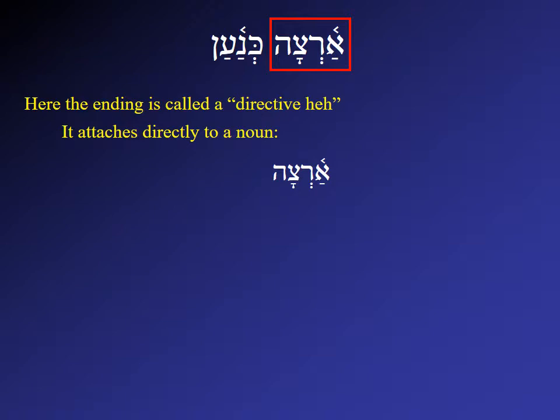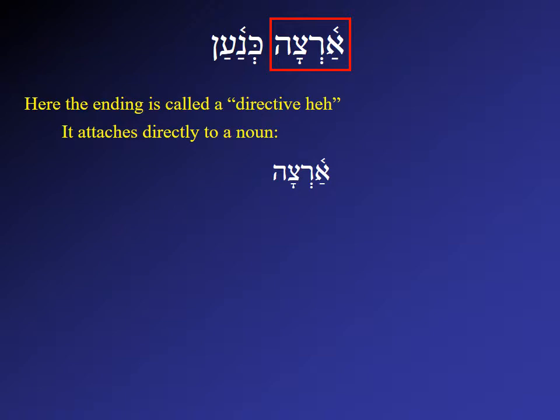And so one of the tasks of Hebrew is understanding what a particular hey on the end of a word means. What we have here is a hey that has attached without affecting the accent. So the noun is eretz with the accent in the first syllable. The new form is artza with the accent still in the first syllable as indicated.